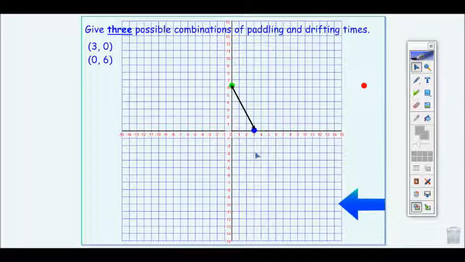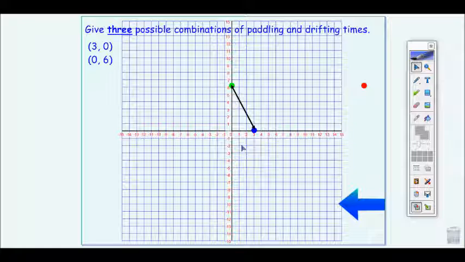So this is my solution. So now it says, give 3 possible combinations of paddling. So we already have, if we paddle for 3 hours, we're going to then drift for 0 amount of time. Or if we just simply drift for 6 hours, we don't have to paddle at all.